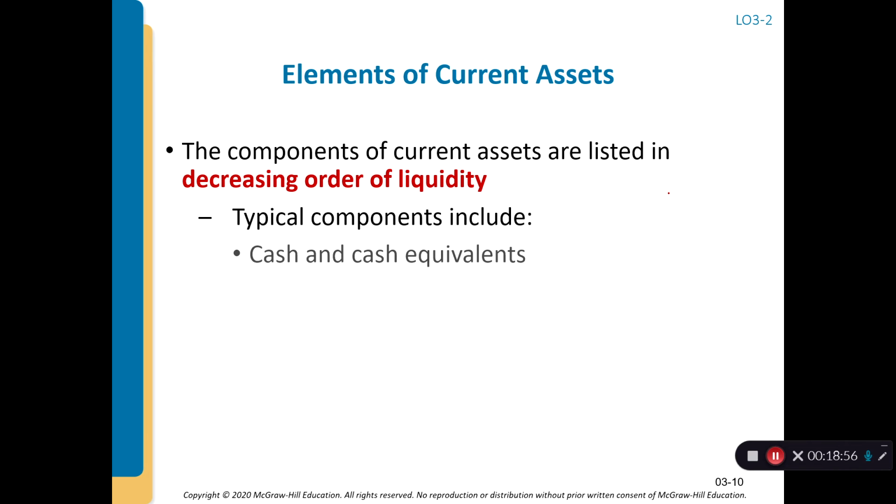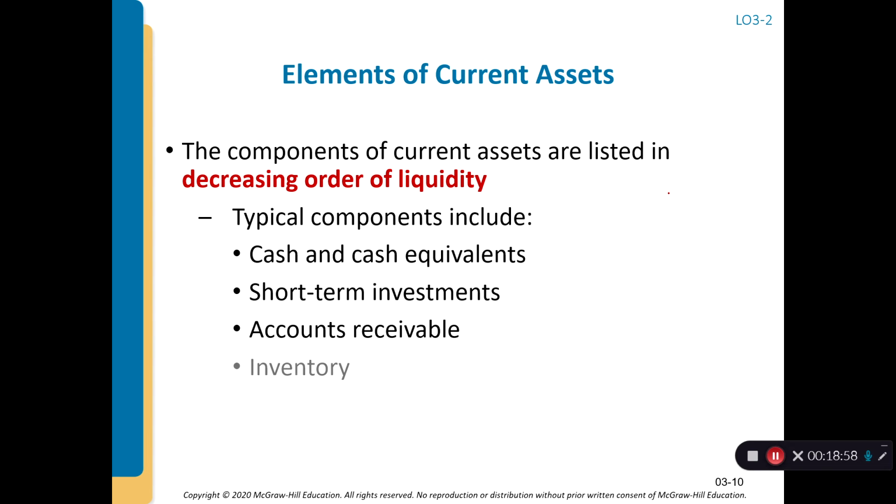And the elements of the current asset, okay? Normally, we would introduce the following categories. First of all, a typical component included in current assets is cash and cash equivalent, and short-term investment. This one is not something that we emphasize in financial accounting, right?